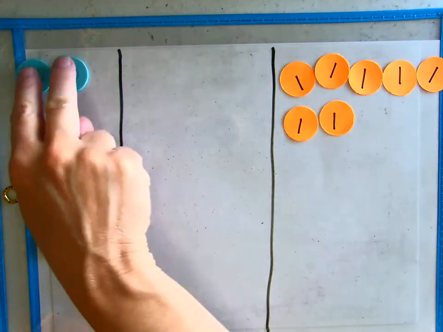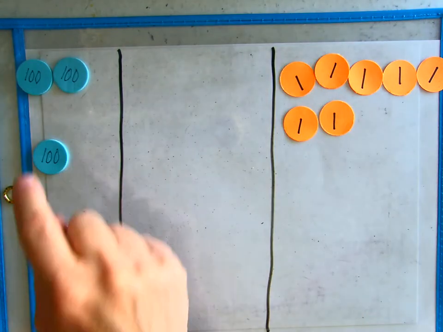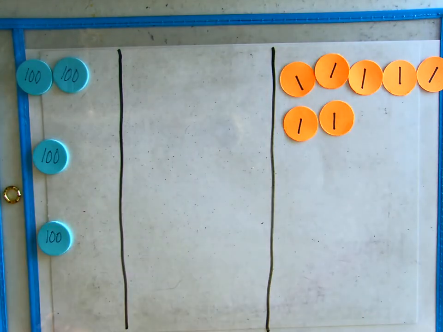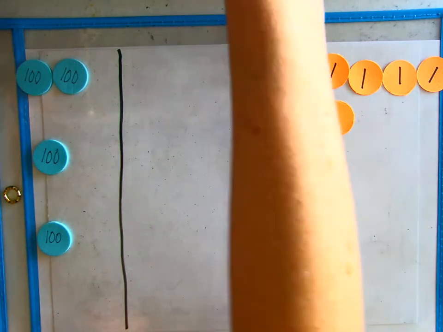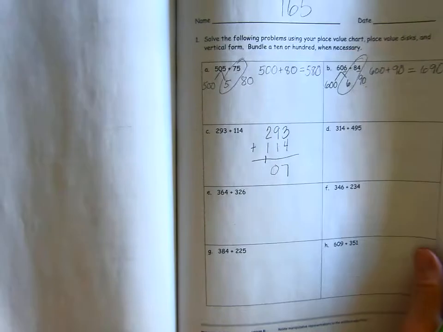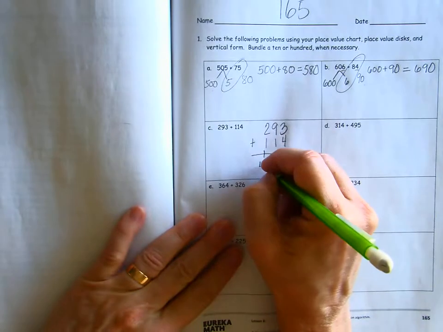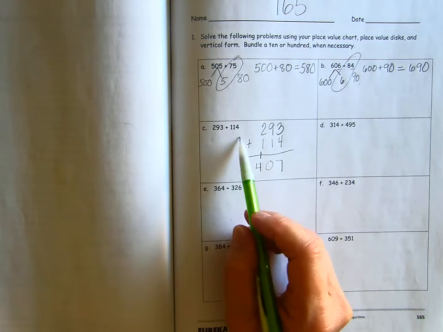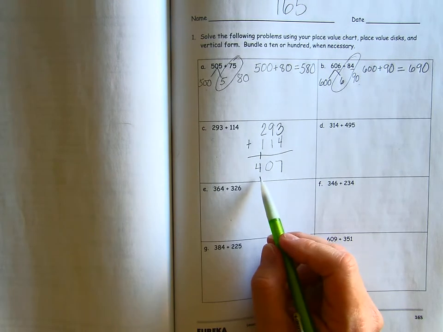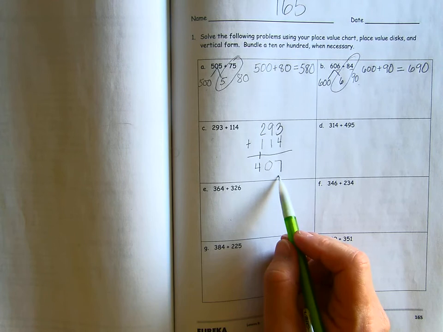So now we're adding 2 plus 1 plus 1. 2 plus 1 plus 1 is 4. We're going to add that to our vertical form. So 393 plus 114 equals 407.